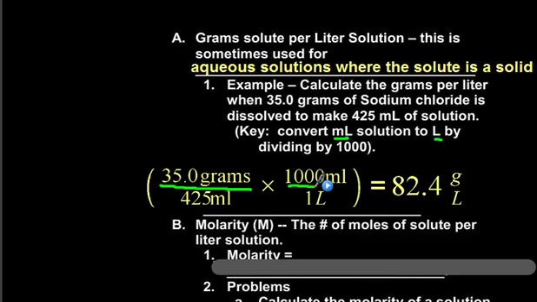But then we need to multiply by 1,000 milliliters per liter to give us our 82.4 grams per liter. Remember, there's 1,000 milliliters per liter, and 425 milliliters on the bottom. That would be the solvent. Solute over solvent.